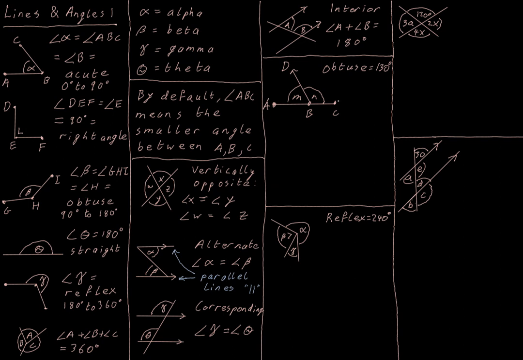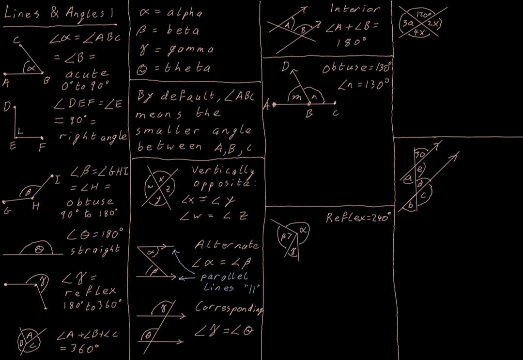And I have my straight line here, and 90 would be going straight up and down here because my line AC is horizontal. So perpendicular to that at 90 degrees to that would be going straight up and down. So I can see that N is bigger than 90 degrees and M is less than 90 degrees. So M is acute and N is going to be obtuse. So I can immediately say that angle N must be 130 degrees because I was told the obtuse angle I'm talking about here is 130.